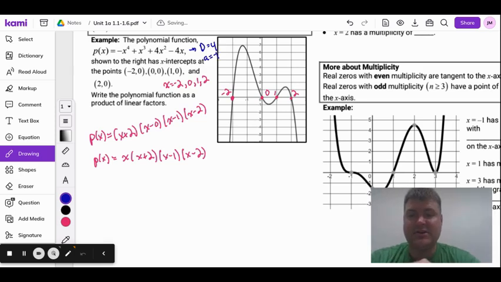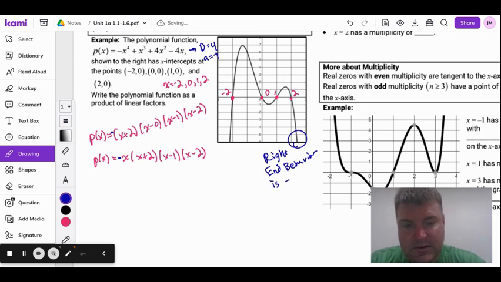I need to make sure that my a matches up as well. Does it? It does not. Technically I'm missing a minus sign right there. If I'm going to be correct, I need my minus sign there. I know that because my right end behavior is negative infinity.